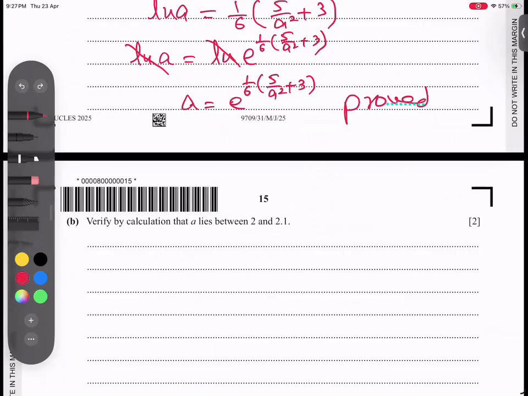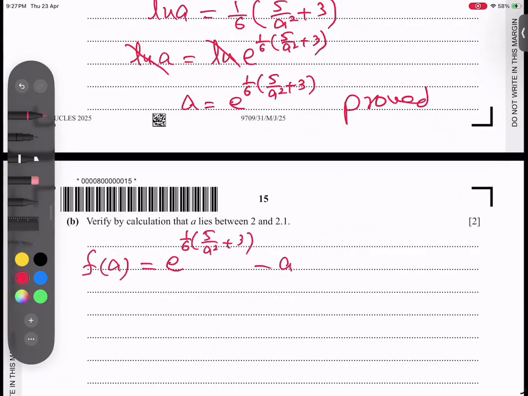So I have two choices. Either I will bring this here or bring this on the other side. Both are okay. I'll give a name as function f of a, because a is involved here. So I'm writing here e to power 1 over 6 times 5 over a square plus 3, negative a.